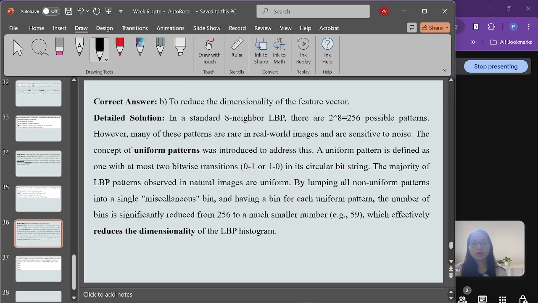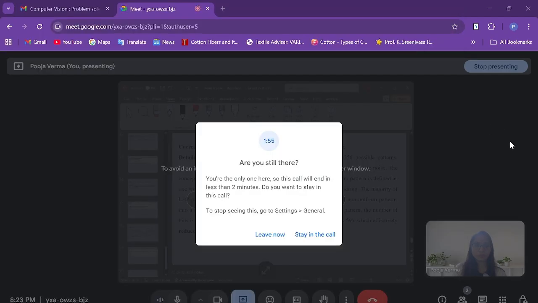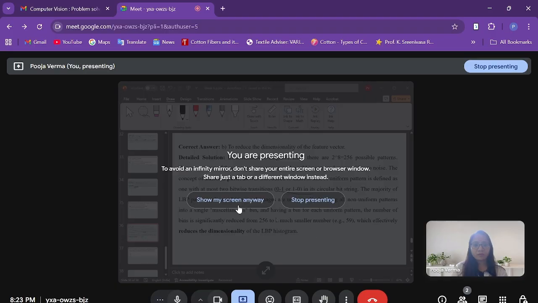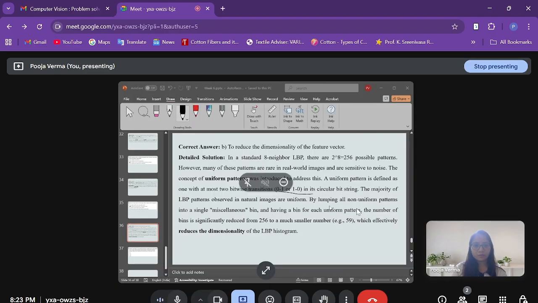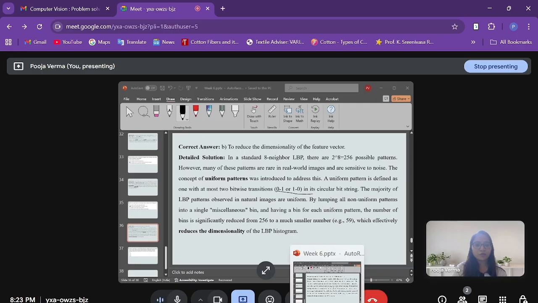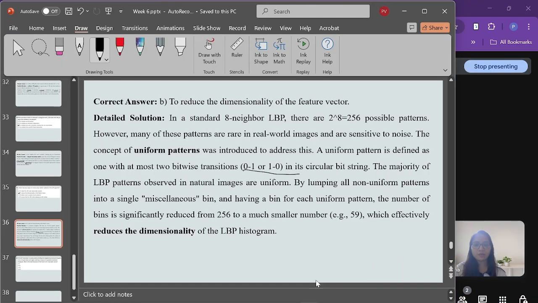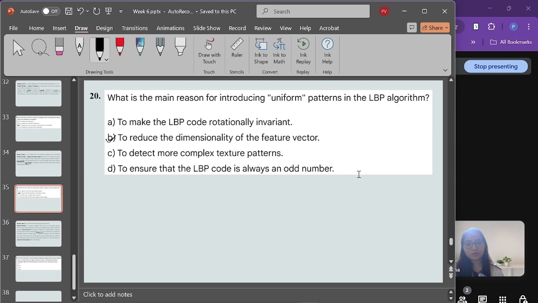A uniform pattern is defined as one with at most two bitwise transitions, either 0 to 1 or 1 to 0, in its circular bit string. That's why we introduced the uniform LBP pattern, to reduce the dimensionality of the LBP histogram.